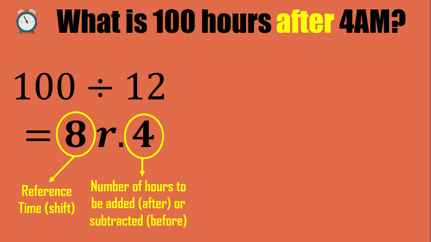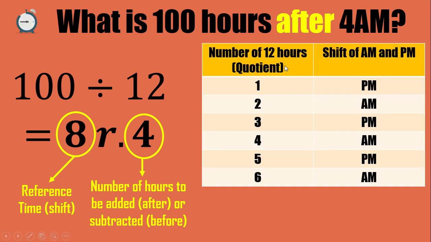Now let's go back to the quotient. Let's say if you have 1 as your quotient, your reference time 4 a.m. we're going to shift to p.m. So there's one cycle of 12 hours here.